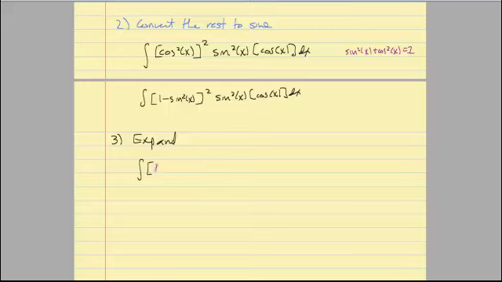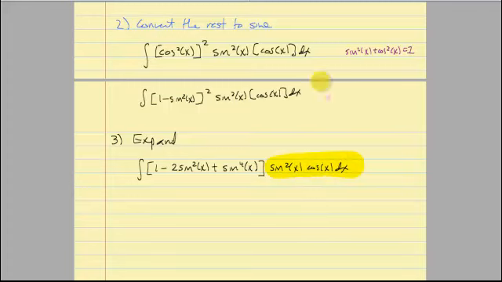So when I expand this, I end up with 1 minus 2 sine squared of x plus sine to the fourth of x. And again, I'm squaring a binomial. I can't just distribute the squared. I need to actually do first, outside, inside, last. And then I have my sine squared of x, cosine of x dx.